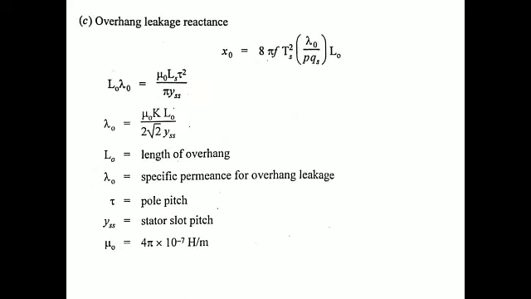Then the third one is the overhanging leakage reactance, the X naught value. This is also an equation we saw in the previous content. X naught is equal to 8 pi f ts square, then lambda naught divided by PQ of L naught. The data is already covered.